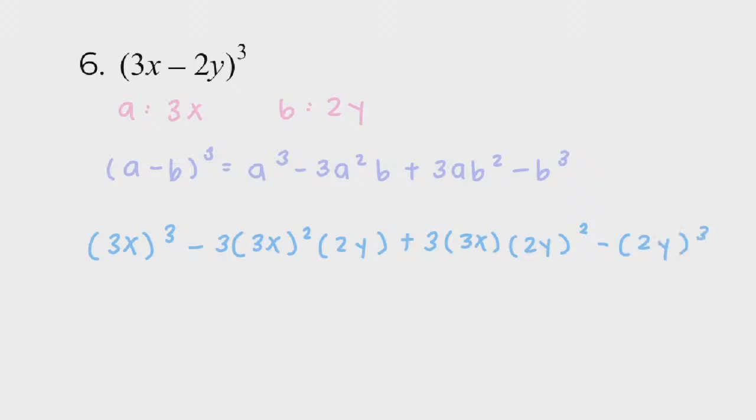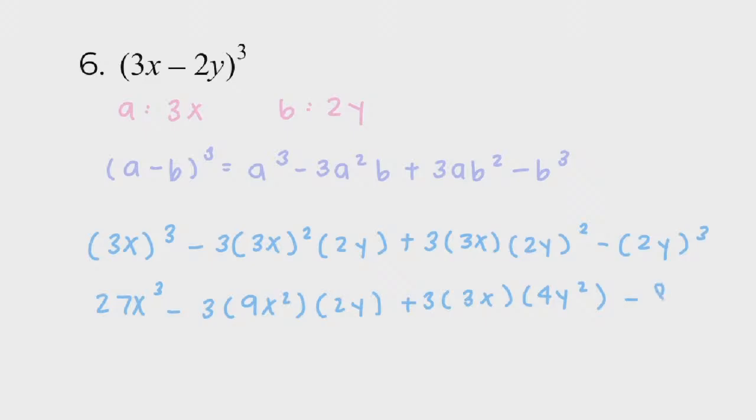And now we want to multiply this out, so I'm going to start with the exponents. So 3x cubed is 27x cubed, minus 3 times 3x squared is 9x squared. And 2y squared is 4y squared. And 2y cubed is going to be 8y cubed.